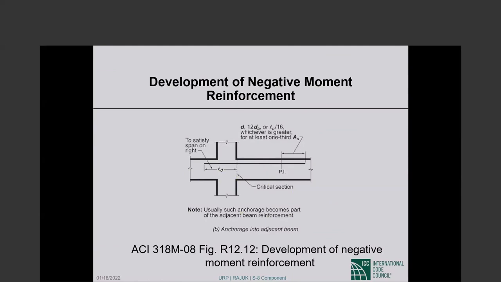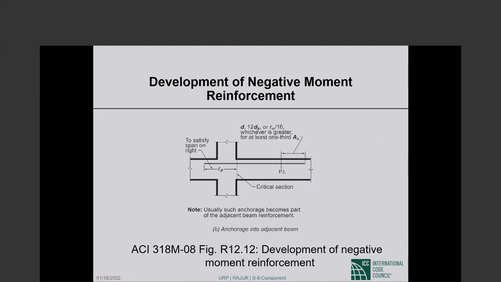So the bar needs to continue for at least L sub D this way. This is the point of inflection. Negative moment changes to positive moment. So the negative bar has to extend beyond this point of inflection by, remember, d, 12 bar diameters, or 1/16 of the span, whichever is the largest of the three.